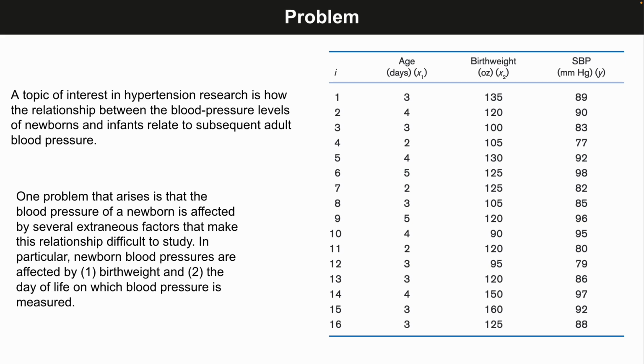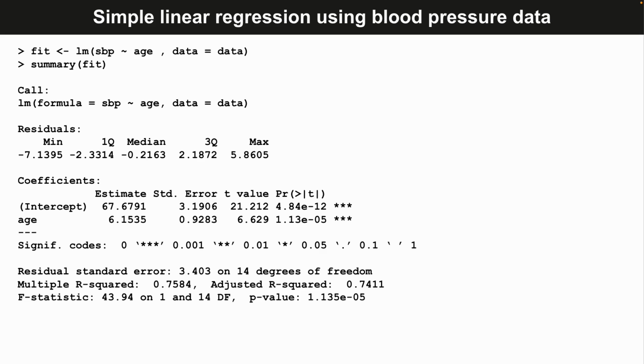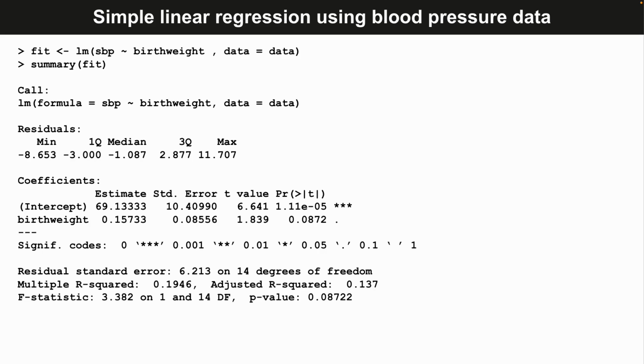So if I have to go from here to here, my coefficient will be smaller if I keep the scale the same. And if I have to go from here to here, I have to multiply it by a larger factor. And that's essentially what you see here. In the case of age, you get 6. In the case of birth weight, you get 0.15, right?